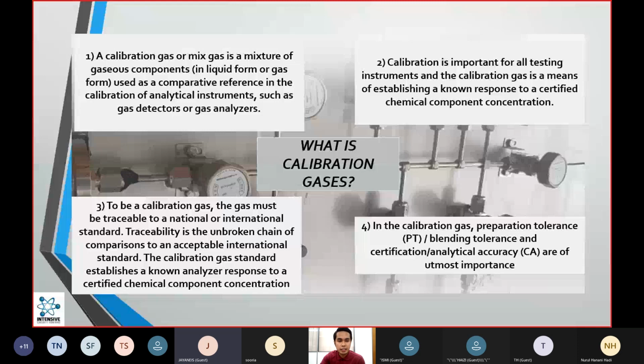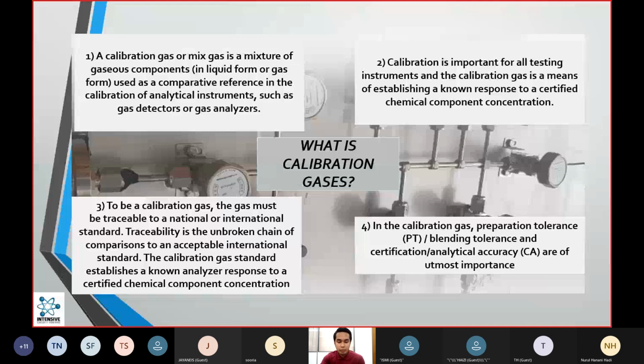In the calibration gas, preparation tolerance, or what we call PT, or blending tolerance, and certification analytical accuracy are of utmost importance. Basically, gas has two forms, which is liquid form and gas form.